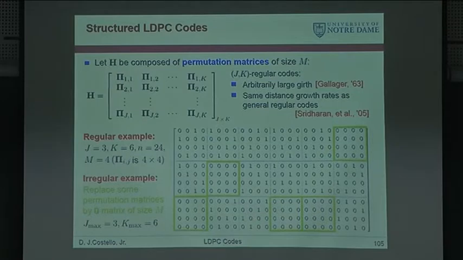We've only got 3 left. So we'd have a check degree distribution of 5 rows of degree 3 and 10 rows of degree 5.